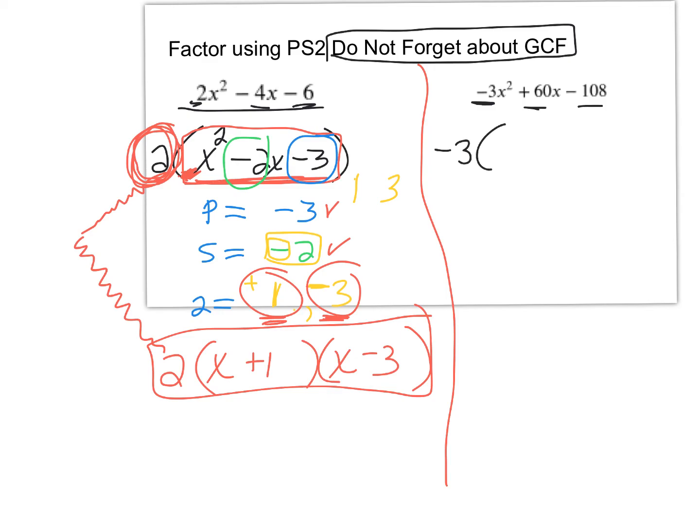By doing so, I'm going to have x squared. Now, 60 divided by negative 3 is going to be negative 20x. And negative 108 divided by negative 3 is going to be positive. Now, 108 divided by 3.